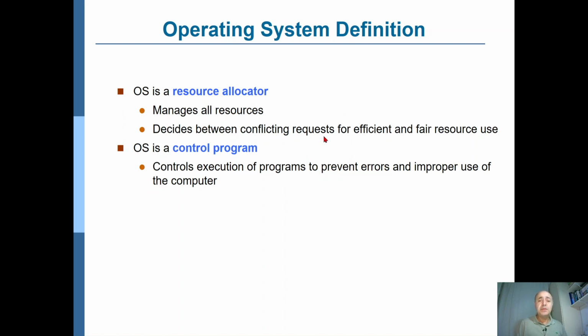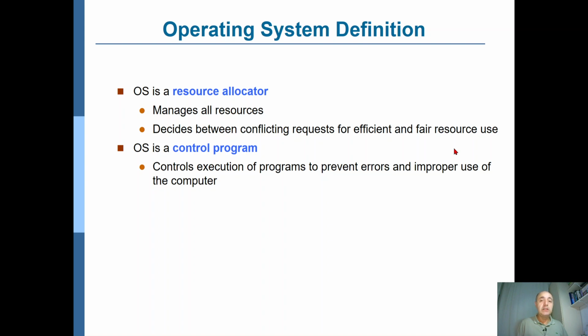It decides between conflicting requests, because you could have multiple applications trying to make use of the same resource. But of course, you cannot allow that. So there is a conflict in the request, and the operating system decides who gets that resource at that very moment. So it tries to increase efficiency, but also tries to be fair.